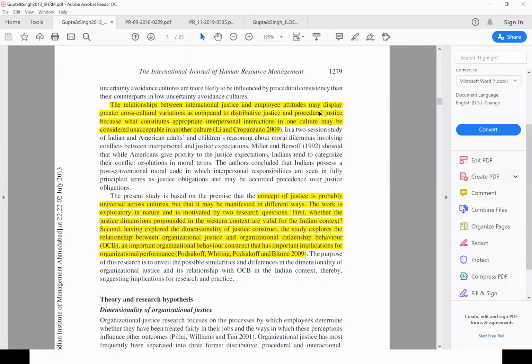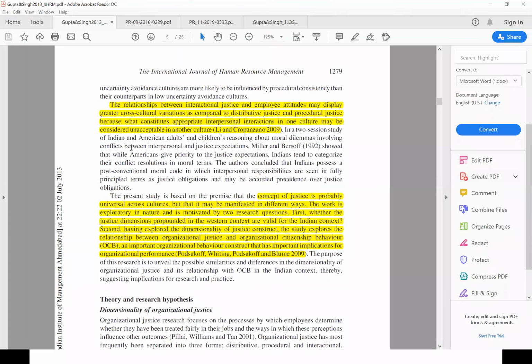Therefore I write that the relationships between justice and employee attitudes may display greater cross-cultural variations because what constitutes appropriate interpersonal interaction in one culture may be considered unacceptable in another culture.